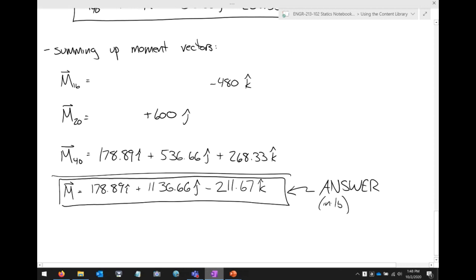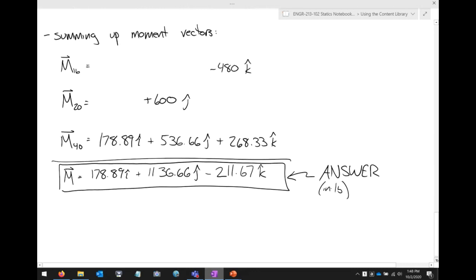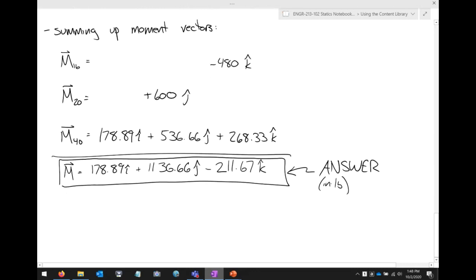Okay. Now, I want to tell you a couple more steps, and we may not have time to do this today, but it's worth mentioning in the example. The problem asks for the magnitude and direction of this moment, but that's easy.